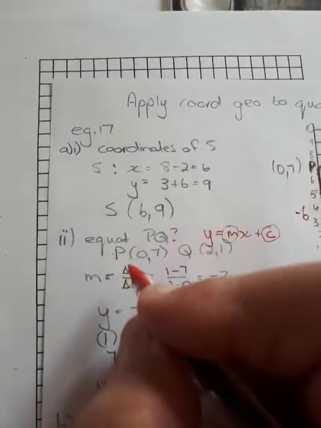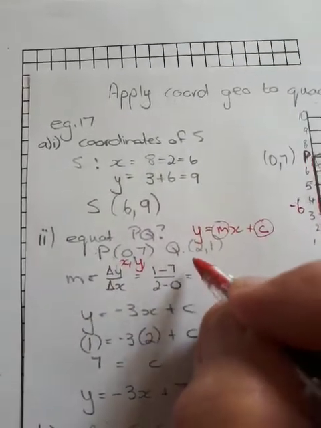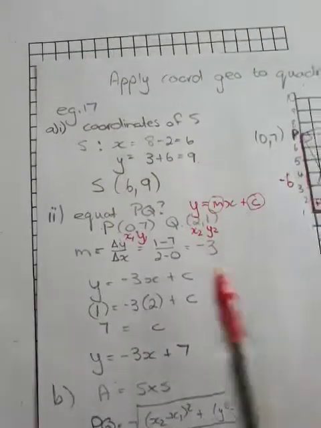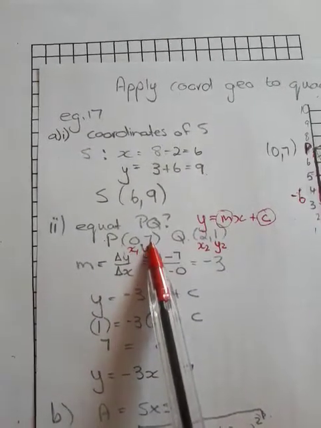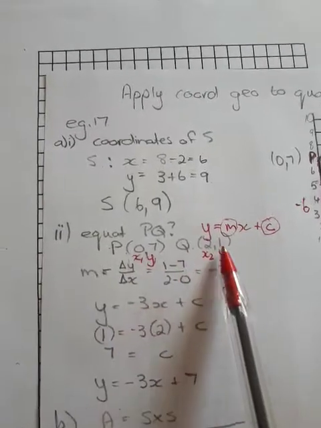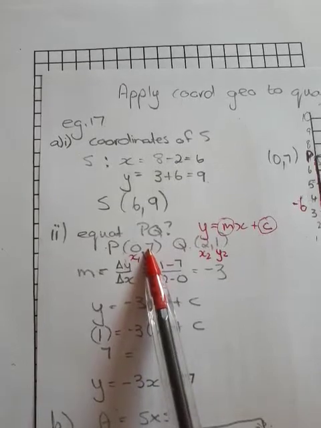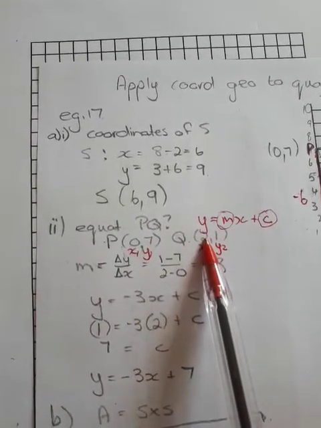So we learned that we would label x1, y1, x2, y2, and then to get the change in y, you must subtract. Well, I turned it around. I did y: 1 minus 7. And then to get the x change, you must do it in the same sequence.